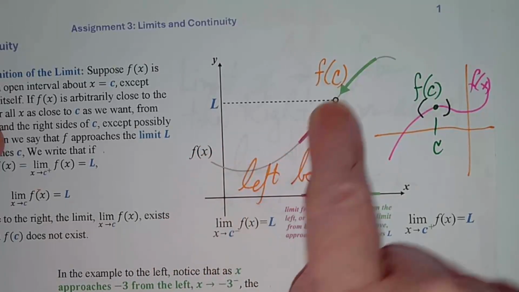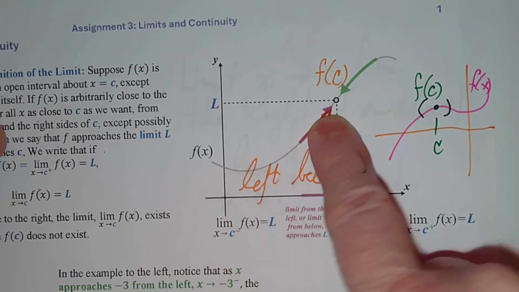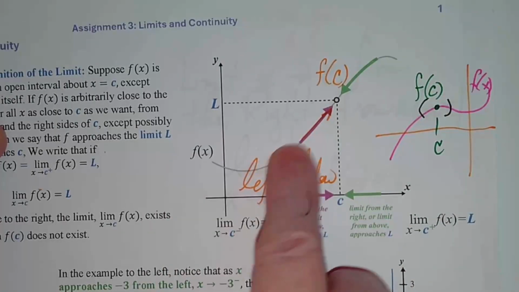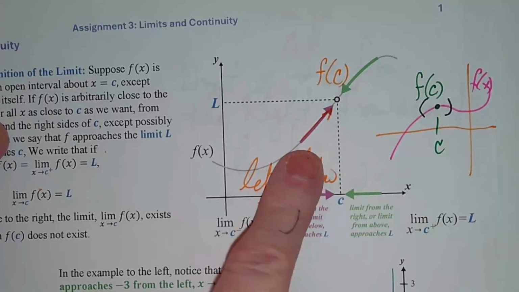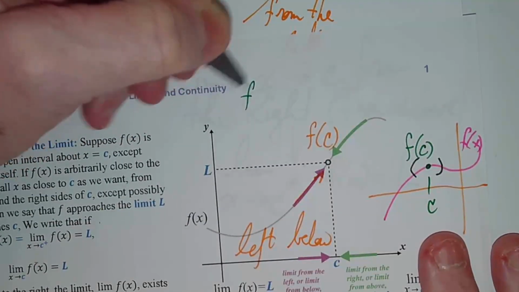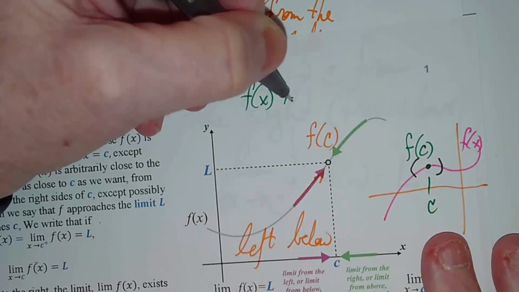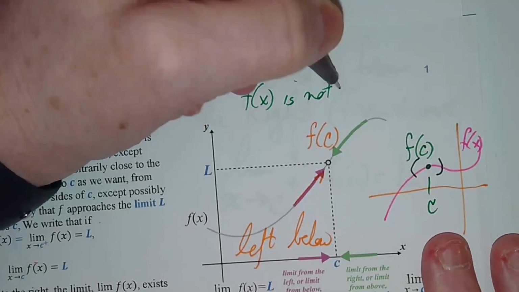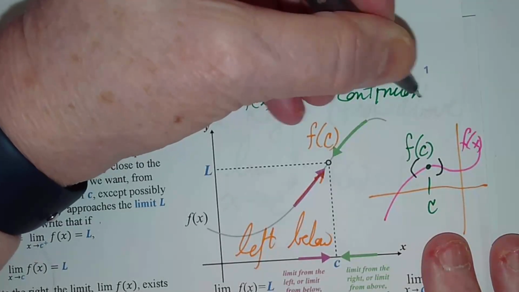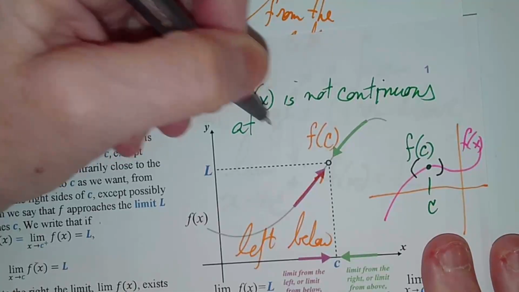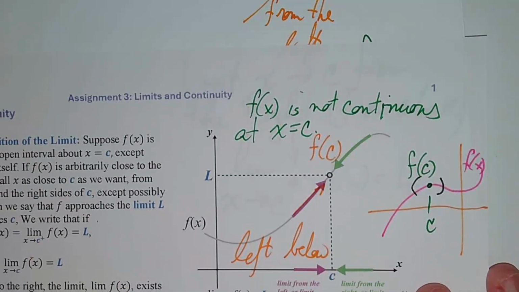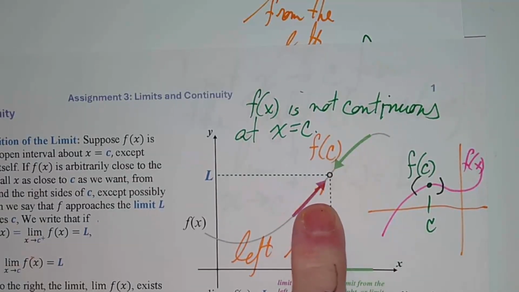In order to trace f of x here, I have to pick up my finger, pardon me, at this hole. So f of x is not continuous at x equals c. We have to pick up our finger.